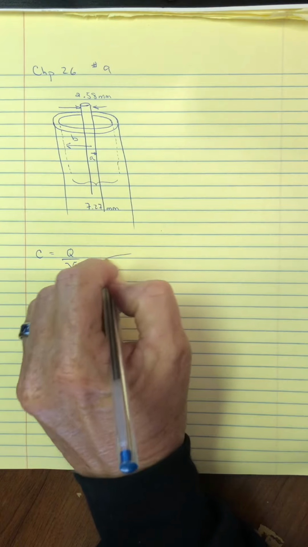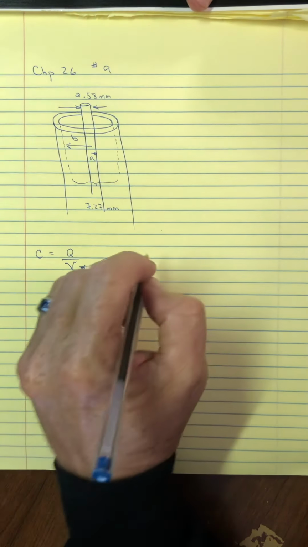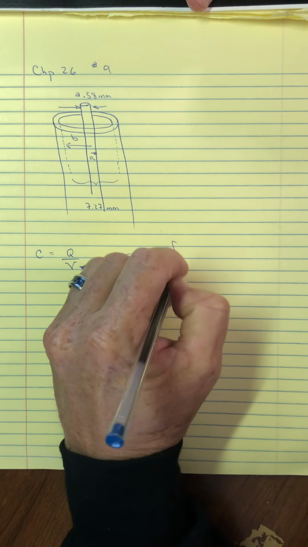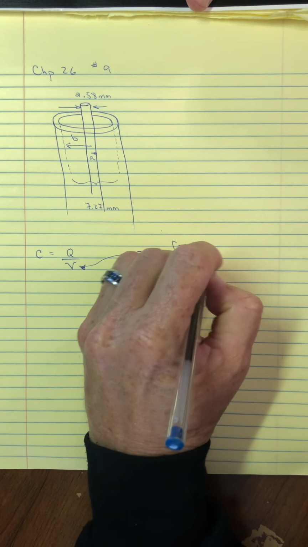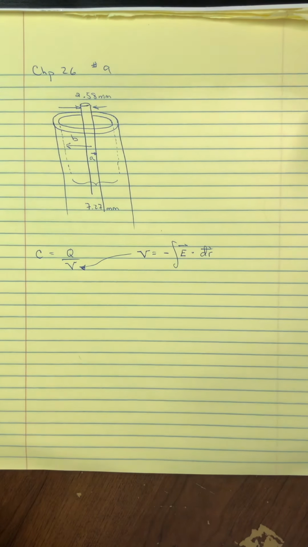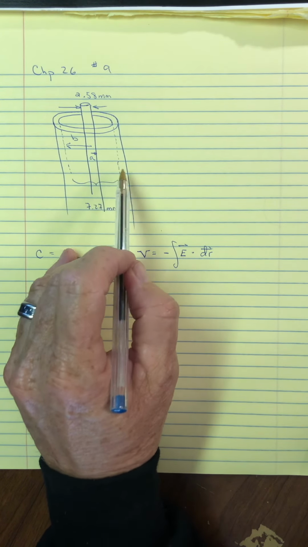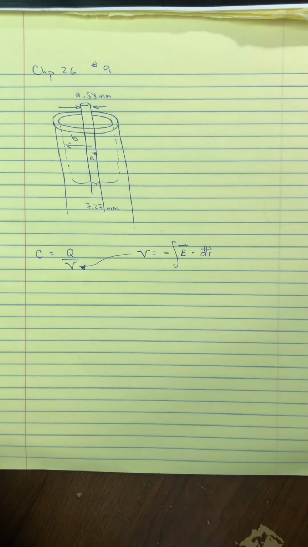And of course, what makes some of these problems a little more challenging is then you have to get the voltage. And so for the voltage, why don't I just integrate the electric field? And so I'll go from one to the other. Now maybe I'll draw a little picture of the electric field.